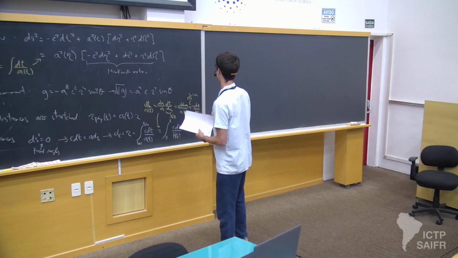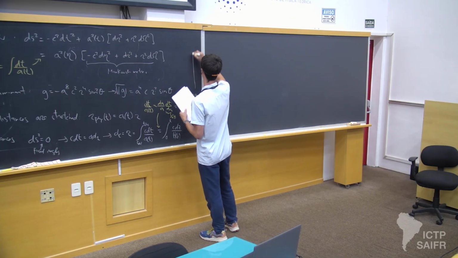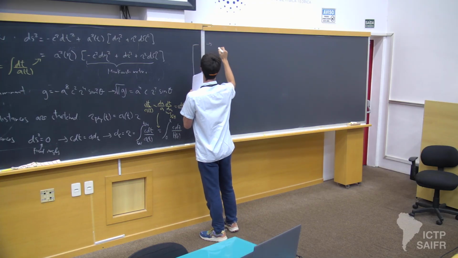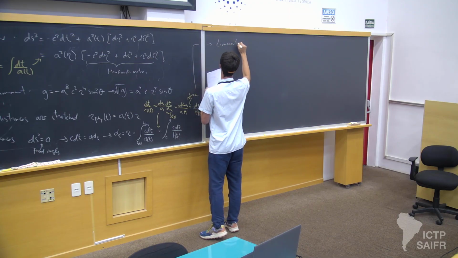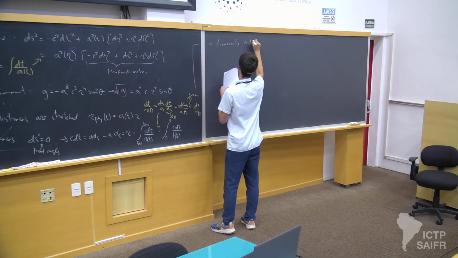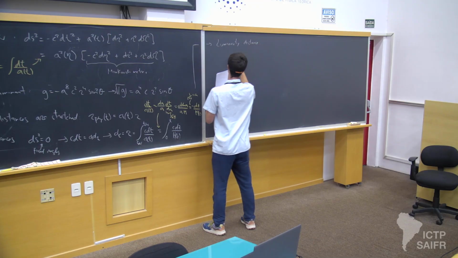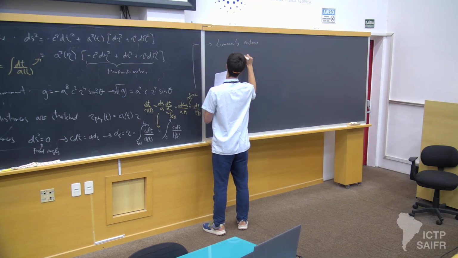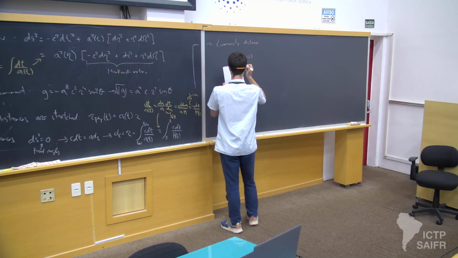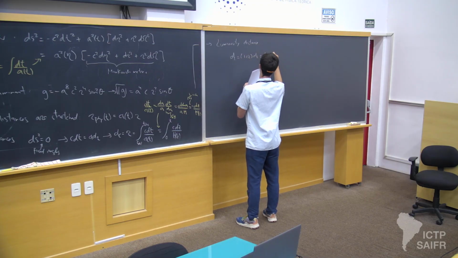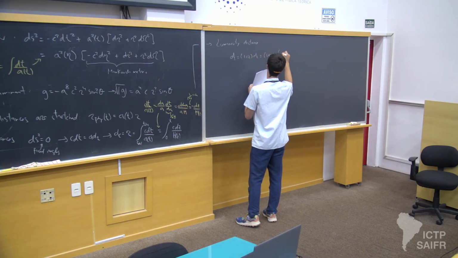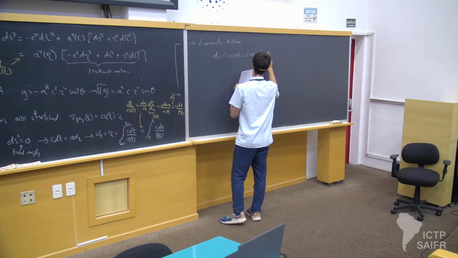And then from here, one can define the luminosity distance, which is d_L equals 1 plus z times the co-moving distance, and this is 1 plus z, c dz over h of z.